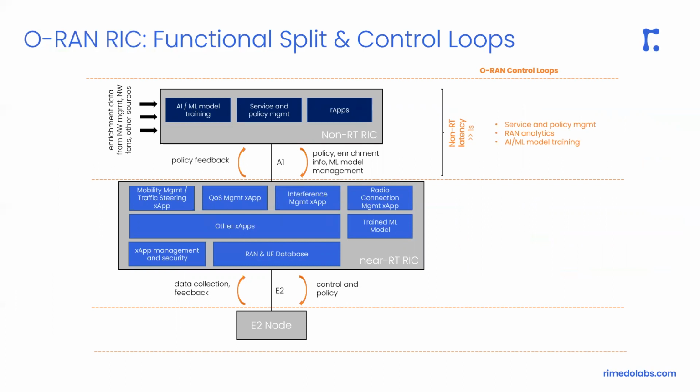So here we have policy feedback and policy updates based on the AI/ML training and the rApps guidance that are then fed both from the O1 interface, but also with the policy feedback, with external sources for information. So that based on the traffic load, based on the traffic prediction, it might basically provide some guidance to the near real-time RIC and to the RAN.